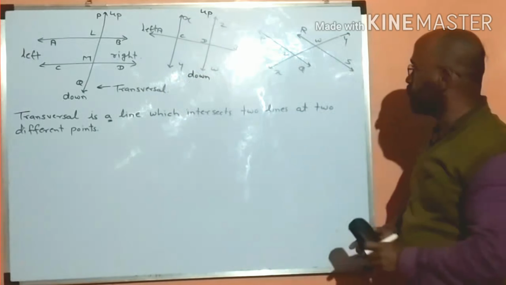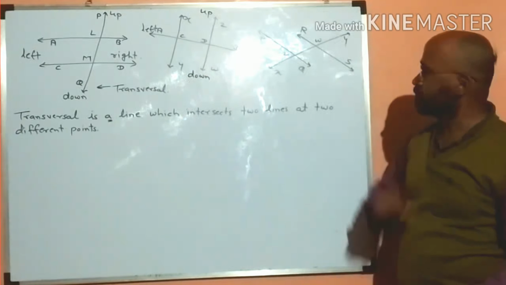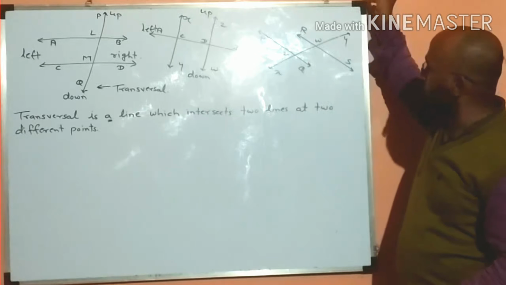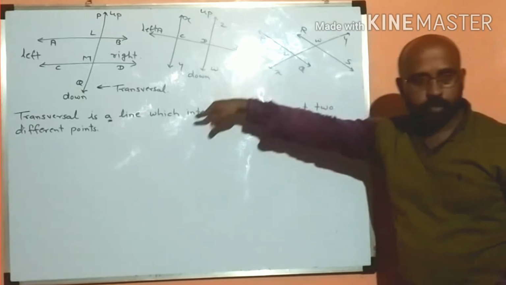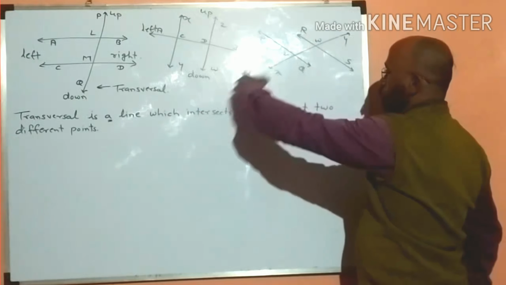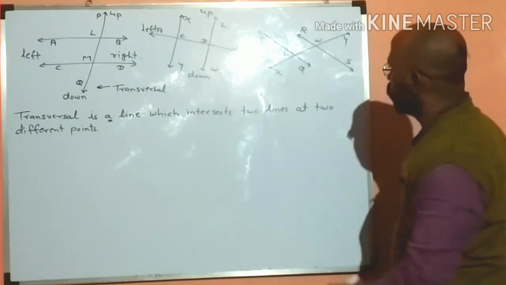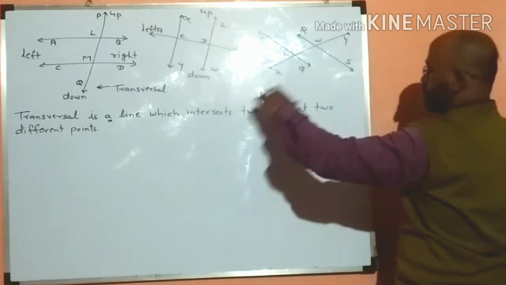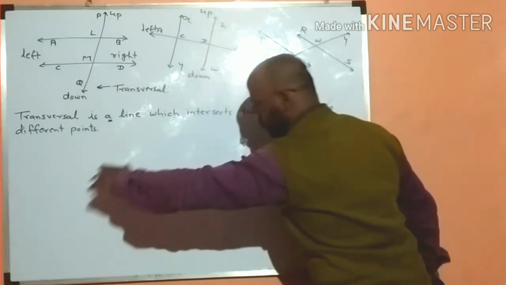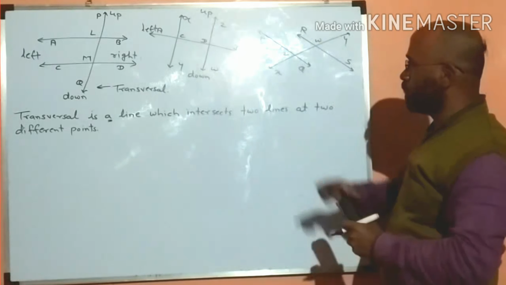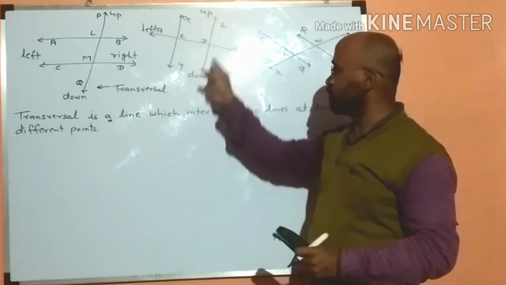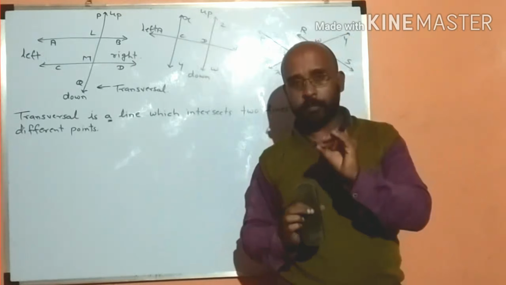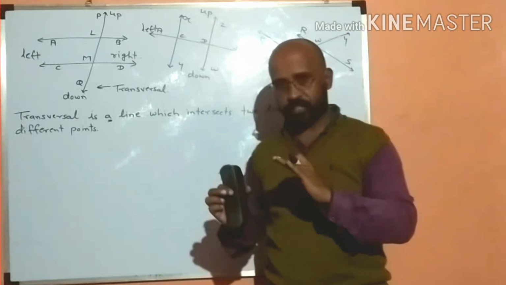Okay guys, this transversal also has two directions. One is upper right, one is lower left. Clear students? You can name it anyhow. The thing is, there should be a differentiation between the names, and the basic part is you should understand the difference between sides and direction.